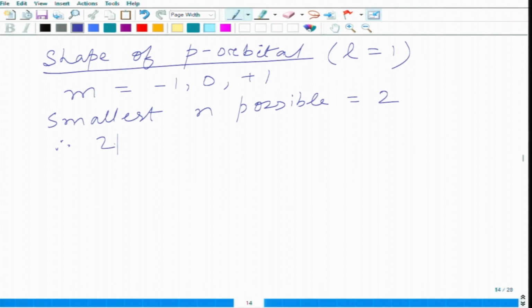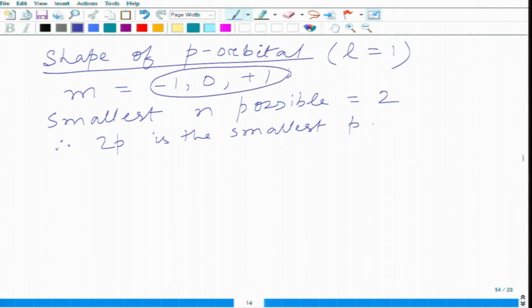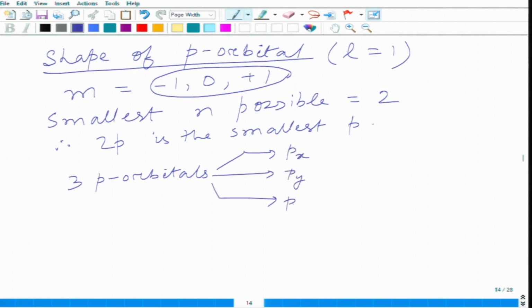Therefore, 2p is the smallest p orbital. Since there are 3 p orbitals possible, they are px, py and pz.